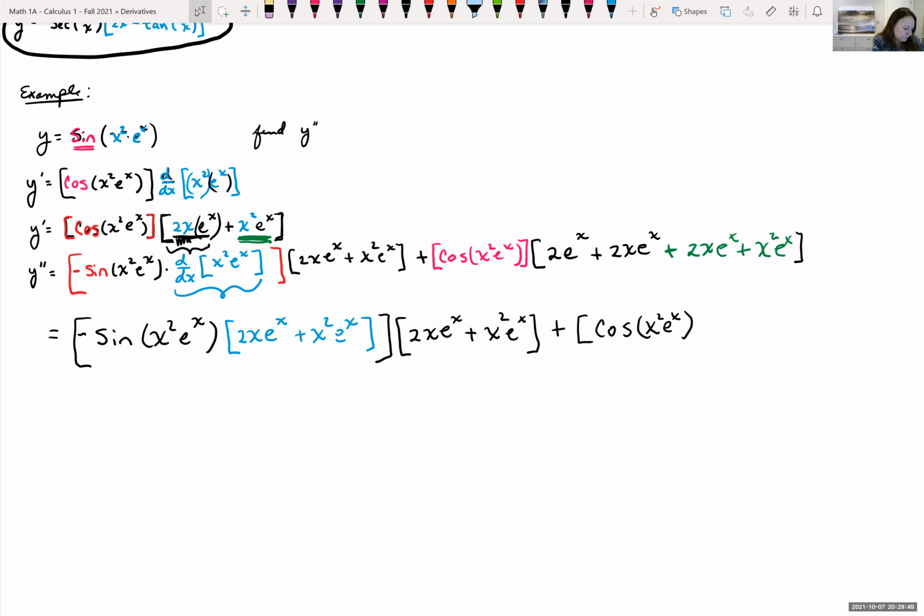Maybe. I do. I have this x squared e to the x that doesn't have a like term. But we have this 2x e to the x plus 2x e to the x, that's plus 4x e to the x. And then plus 2 e to the x.